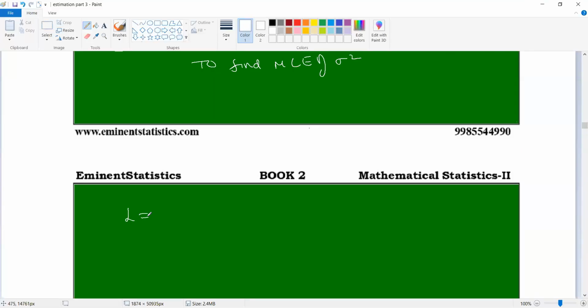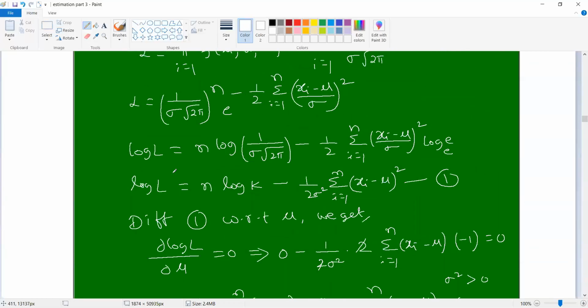The likelihood function here is from the earlier equation 1.